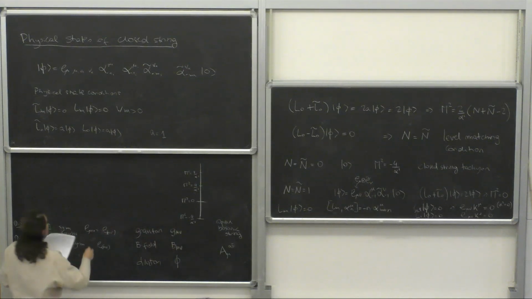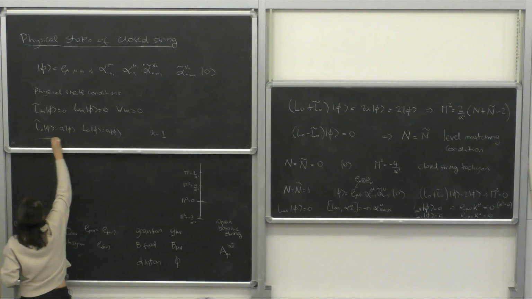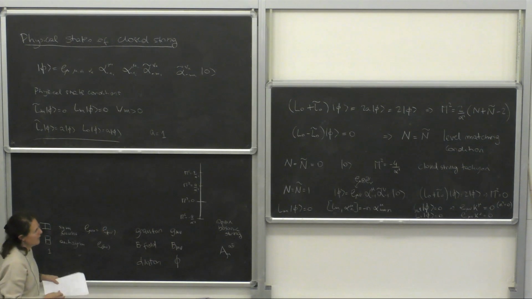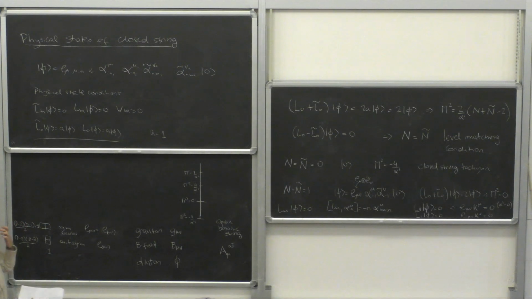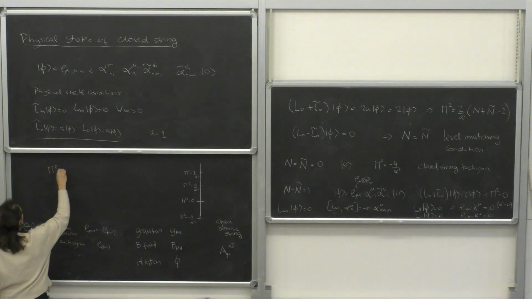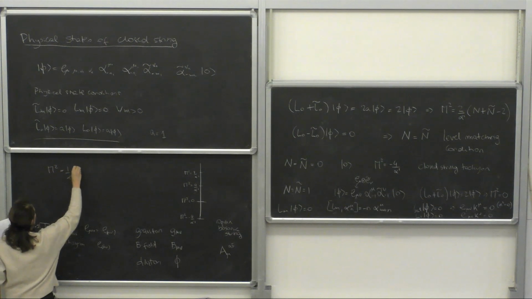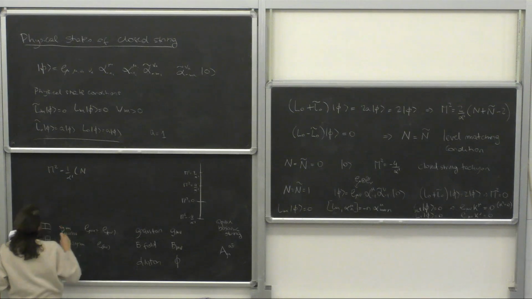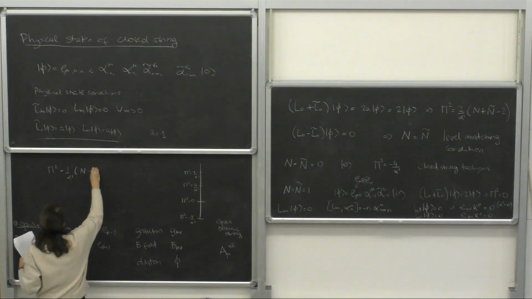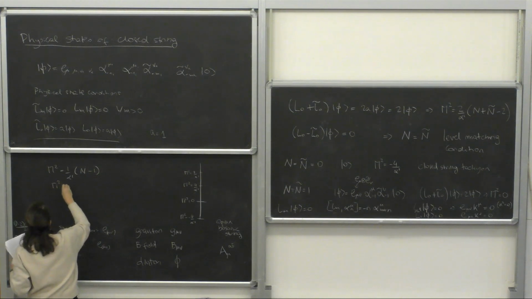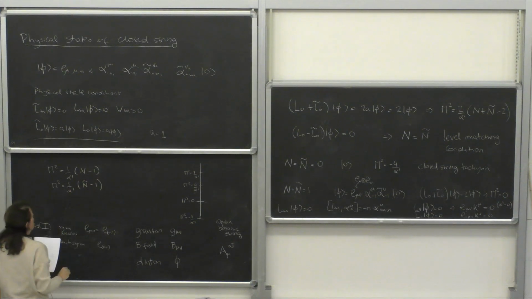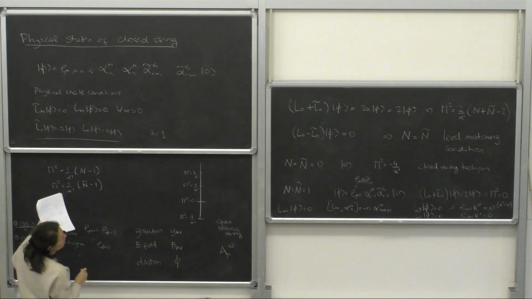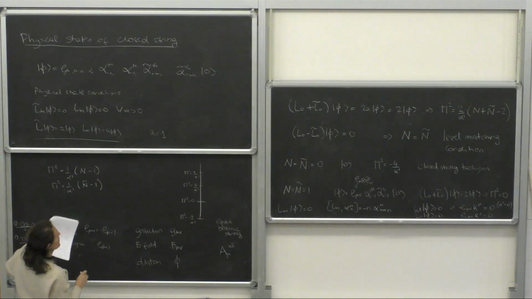But you have to impose, so the physical state conditions are these. So I can impose them separately, or I can do sums and differences. It's the same, right? So if you do it like that, one will tell you that m squared is 1 over alpha prime times (n minus 1). The other will tell you that m squared is 1 over alpha prime times (ñ minus 1), 2 over alpha prime, right? Because this was p squared.